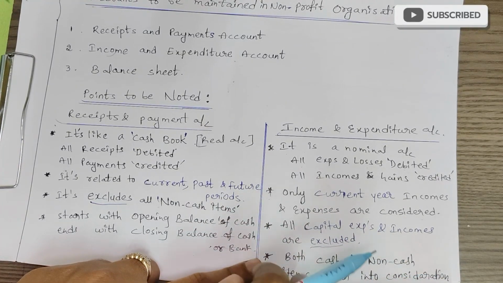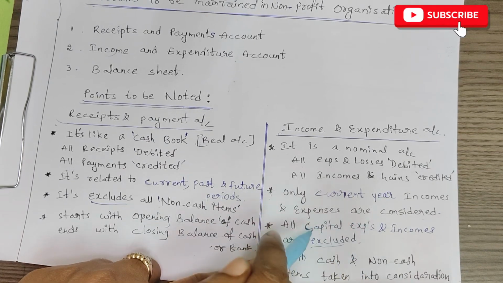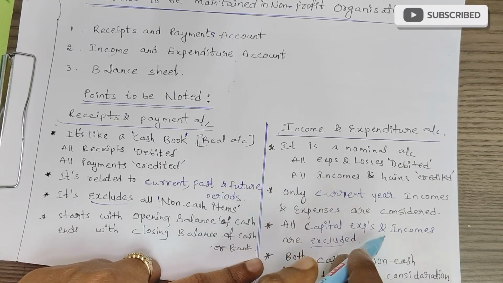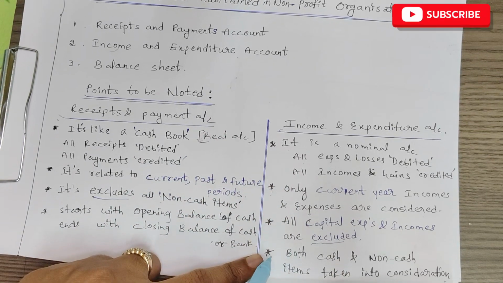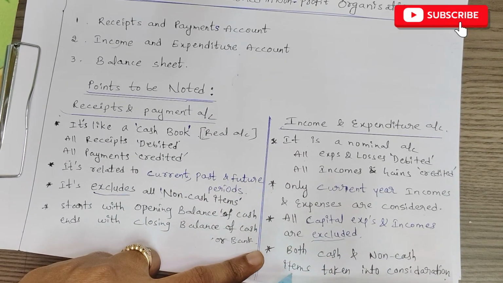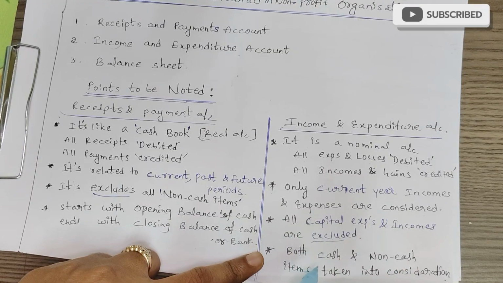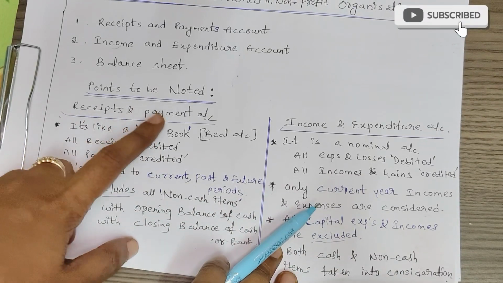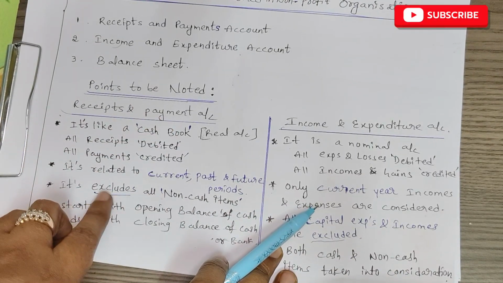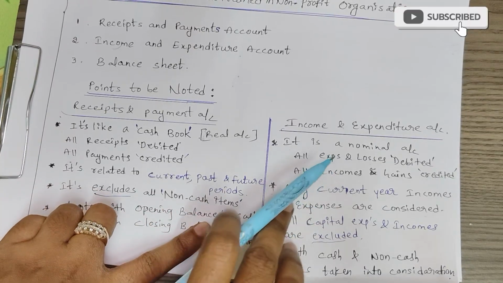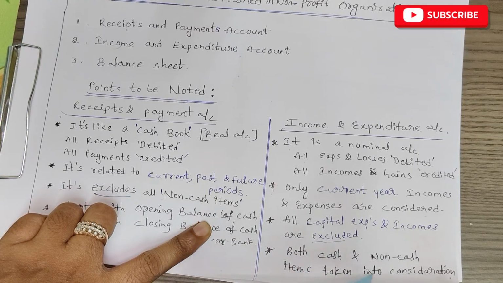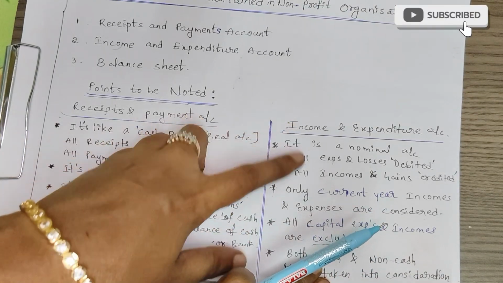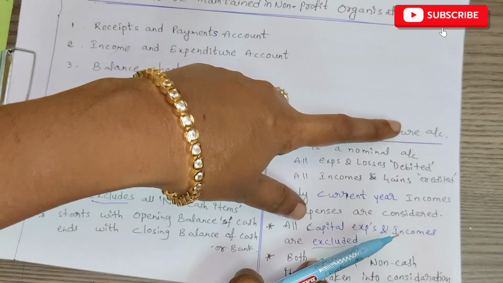If you have any capital expenditure or capital income, that should be excluded, not included. Okay. And next point is both cash and non-cash items are taken into consideration. So in the receipts and payments account, we are not taking non-cash items. But in the income and expenditure account, we are taking both cash and non-cash items. So these points you need to remember while preparing income and expenditure account.